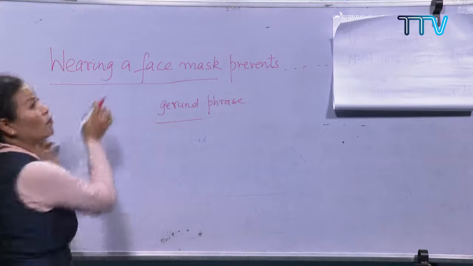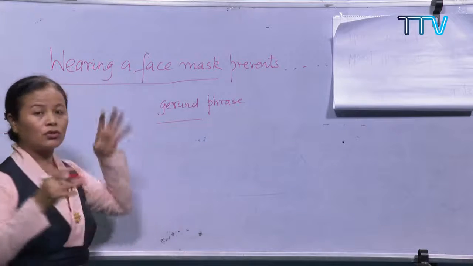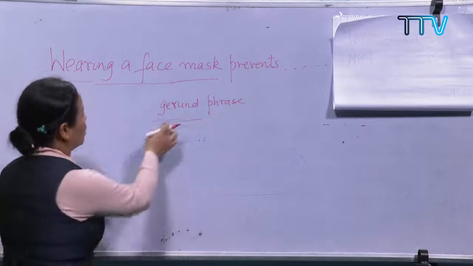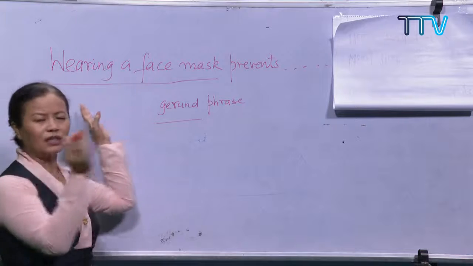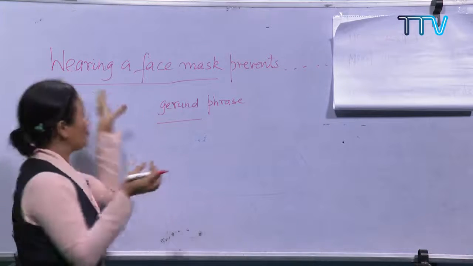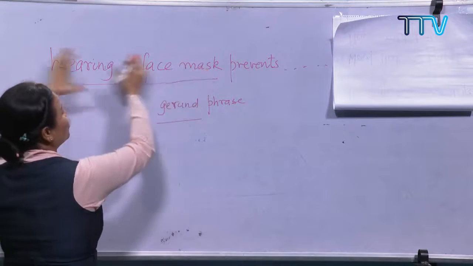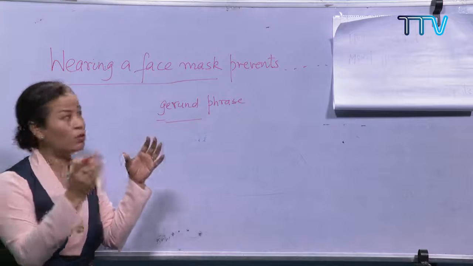Okay, the ing form of a verb that functions like a noun is called a gerund. So I'm just going to explain that with another example. So wearing a face mask, I think this makes sense, right? Do you understand, or do I need to repeat that? Wearing a face mask, this is a sort of activity. Wearing a face mask, this is an activity that is a noun.